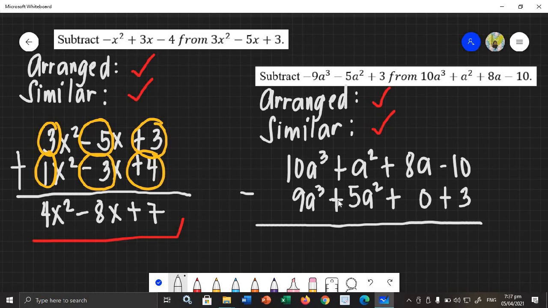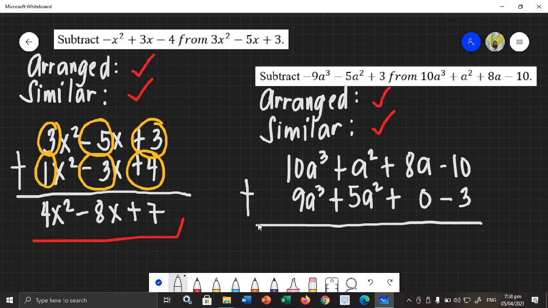So, gawin natin plus sign yung negative sign niya. And then, dito sa part na yan, i-ignore lang natin tong part na to kasi dinagdag lang natin yung plus 0 dyan. And then here, si positive 3, magiging siyang negative 3. Okay? Na-change na natin lahat ng sign dun sa subtrahend.